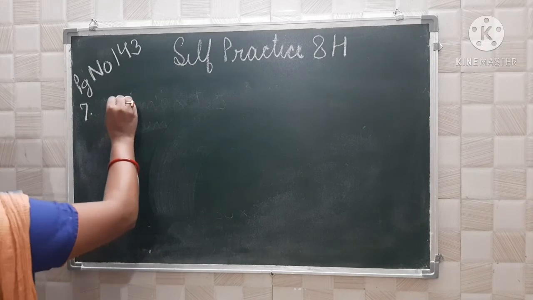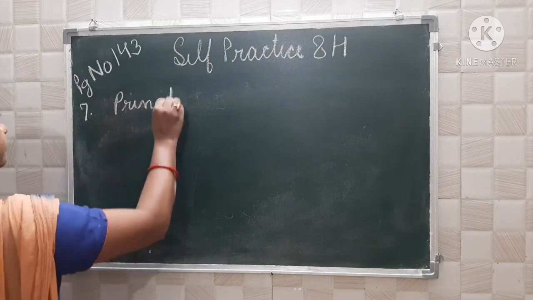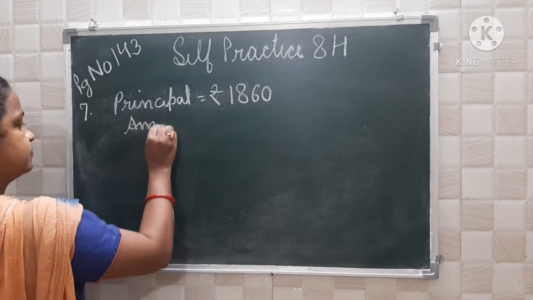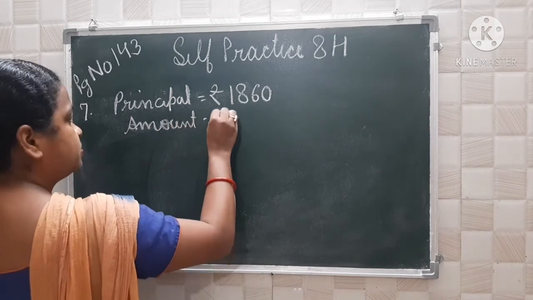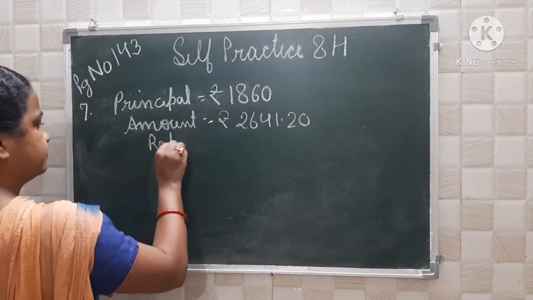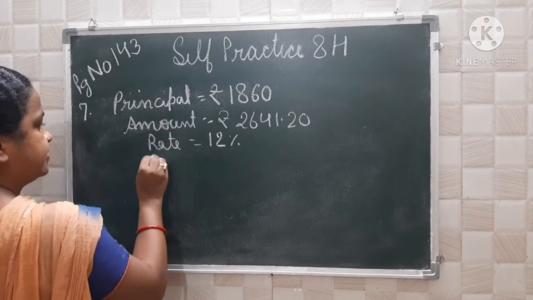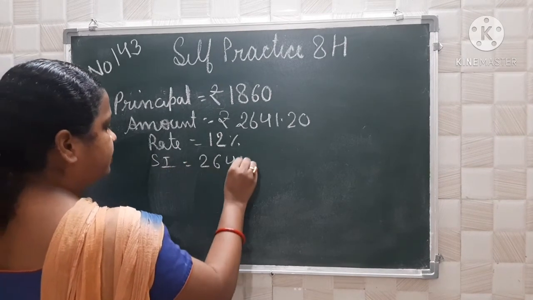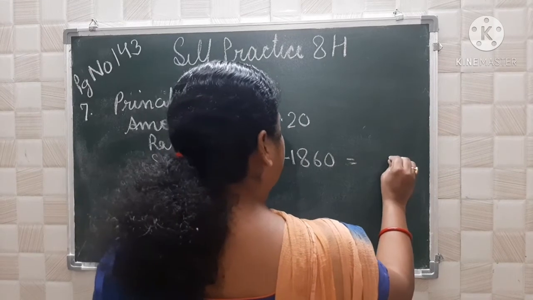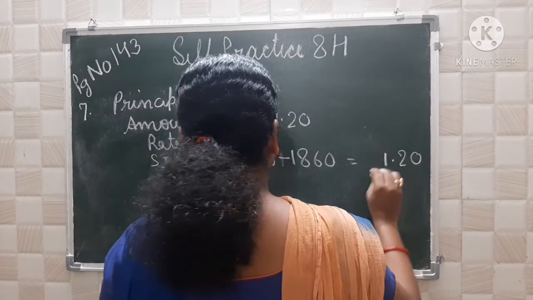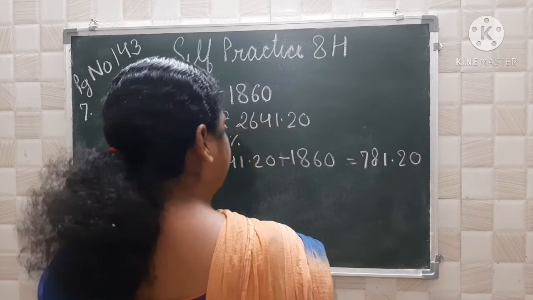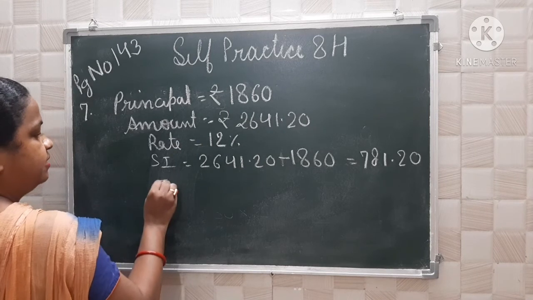So rupees 1860 means here principal is rupees 1860, amount 2641.20, rate 12%, and SI is 2641.20 minus 1860, which is equal to 781.20. 1, 14 minus 6, 8, 15 minus 8, 7. Okay.